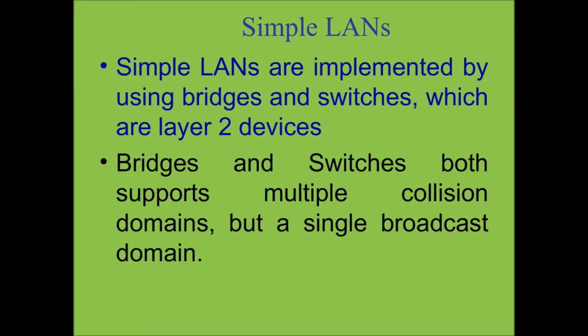We have also discussed in detail about collision domain and broadcast domain. So broadcast domain was when a specific network is created and all the devices are in that broadcast domain, and we have discussed collision domain in detail in our previous lectures.